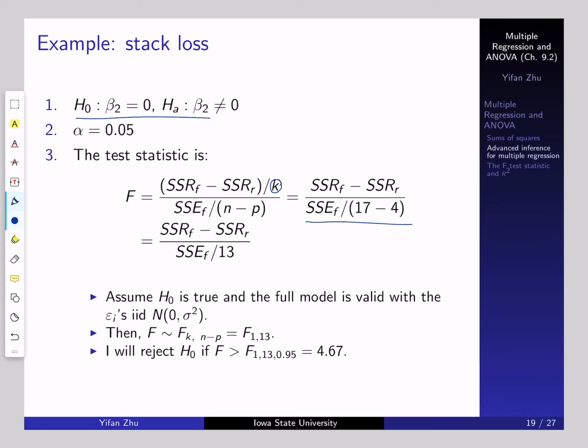Then, assuming that the null hypothesis is true and the full model is valid with epsilon_i IID, so that means the multiple regression model is a correct full model, in that case the reference distribution is F_{1,13}. And we will reject H0 if the observed F is greater than the 0.95 quantile, 4.67.